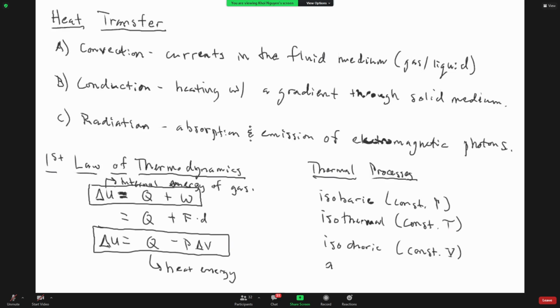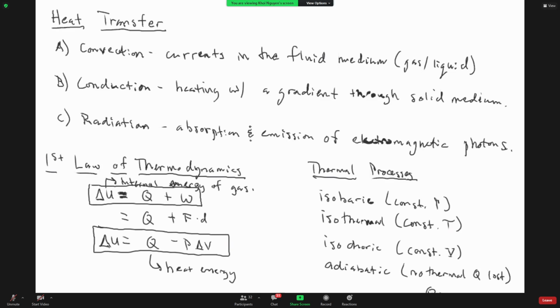And adiabatic, this is no heat loss or no thermal loss, so Q is equal to 0. Yes, constant V is constant volume. So constant pressure, constant temperature, constant volume, and heat transfer is 0 for adiabatic.